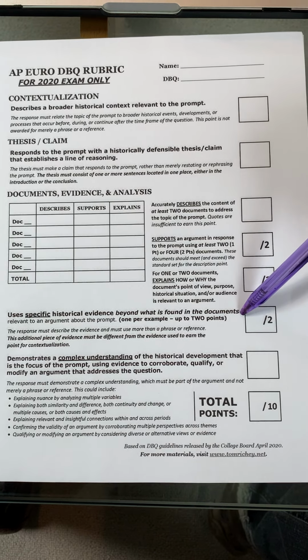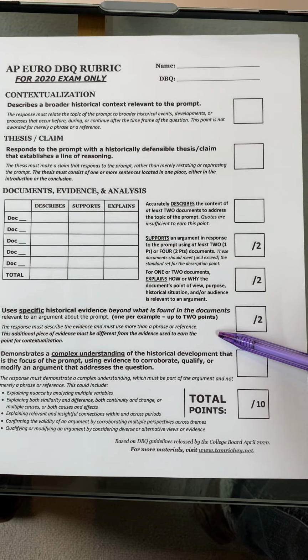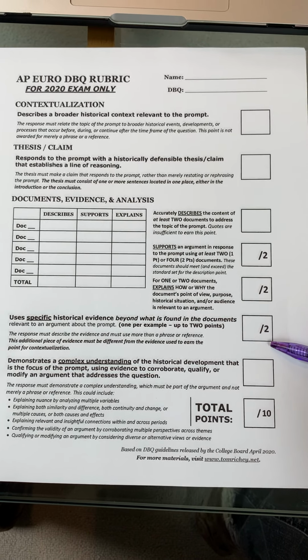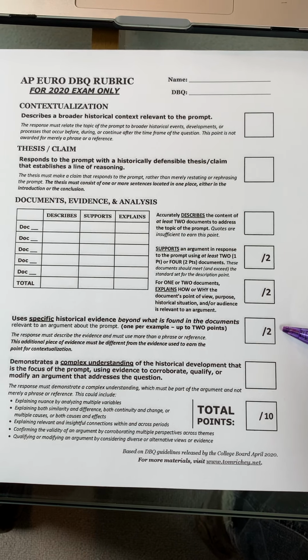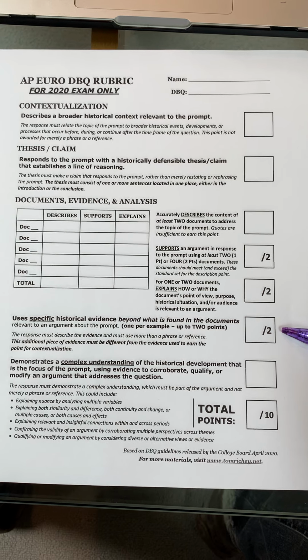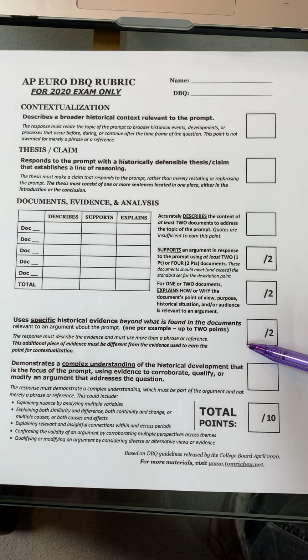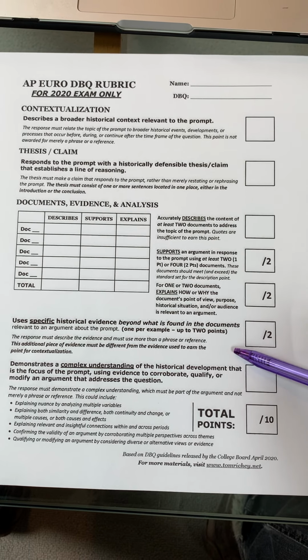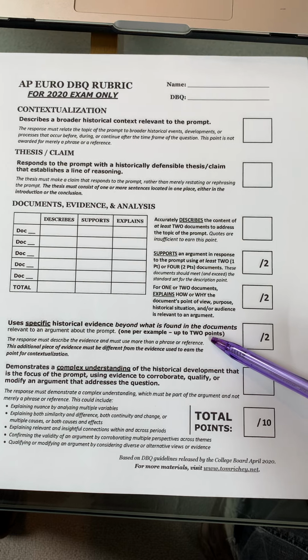Then you get outside evidence points. So this is evidence that you come up with on your own, from your own head, that has to do with the argument. So in the time period, let's say you're studying the DBQ, something about the Renaissance. You want to write about Michelangelo and the Statue of David and talk about how it's a Renaissance document, how it shows the values of the Renaissance.